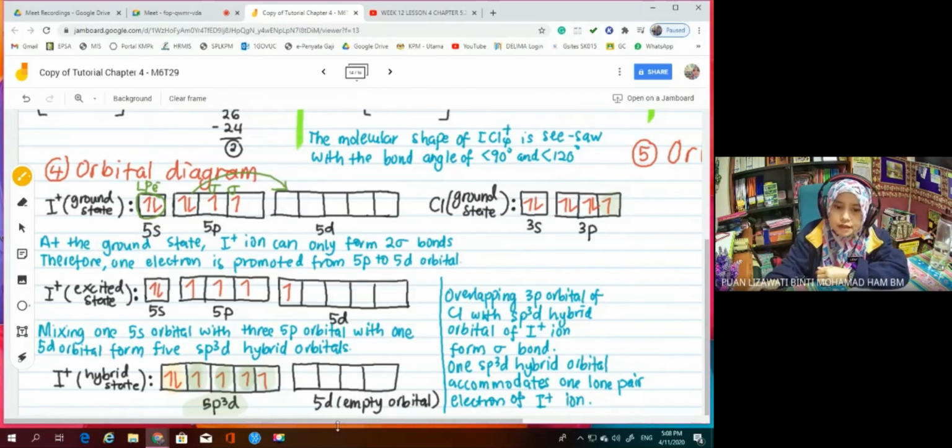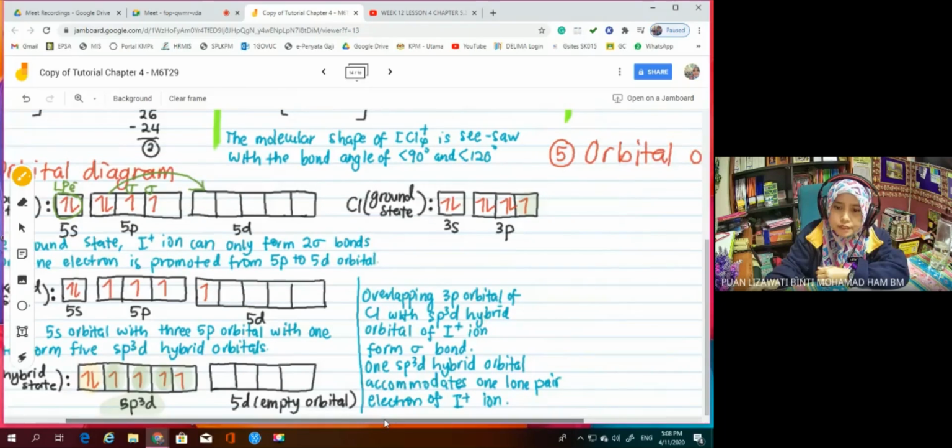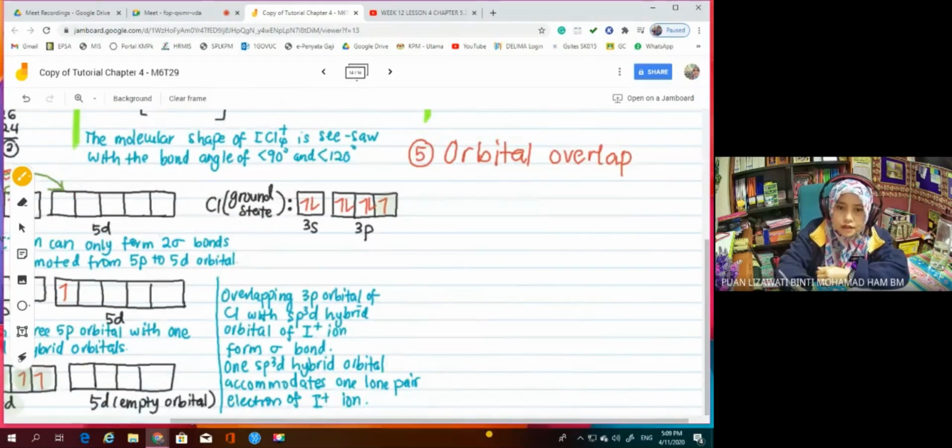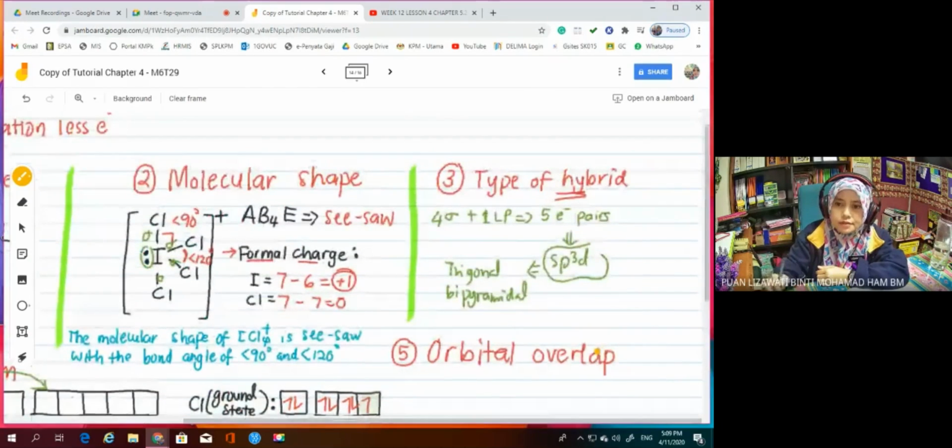So here is the example for the explanation. We can write: overlapping of the 3p orbital of Cl with an sp3d hybrid orbital of I plus forms a sigma bond. And then one more sp3d hybrid orbital accommodates one lone pair of electrons.